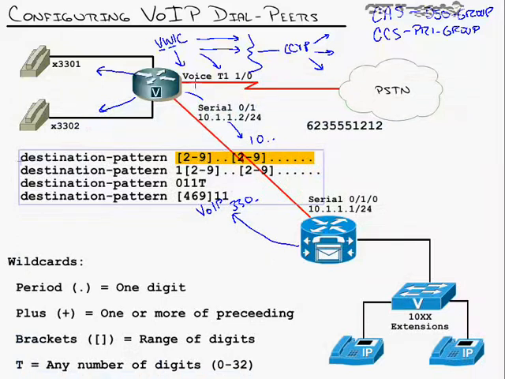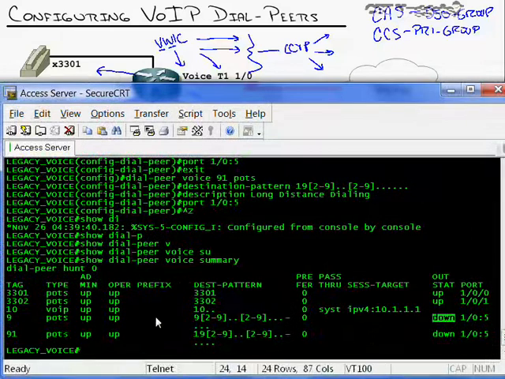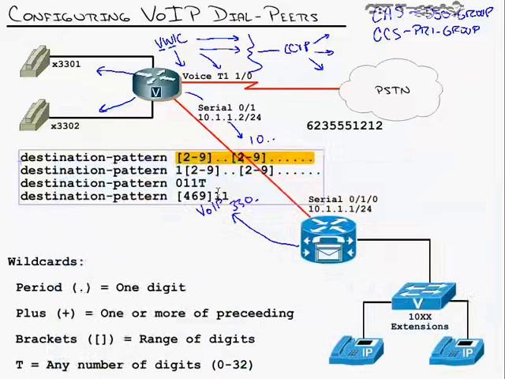I don't actually have a voice T1 at my location here, but as soon as I connected that, these would show a status is up because they are actively receiving a signal. So that is how we can manually create a PSTN dial plan. Now, I would do the same thing for all the other patterns that I defined right here.